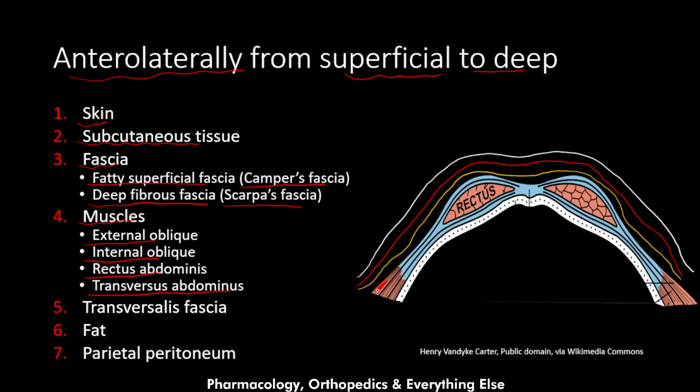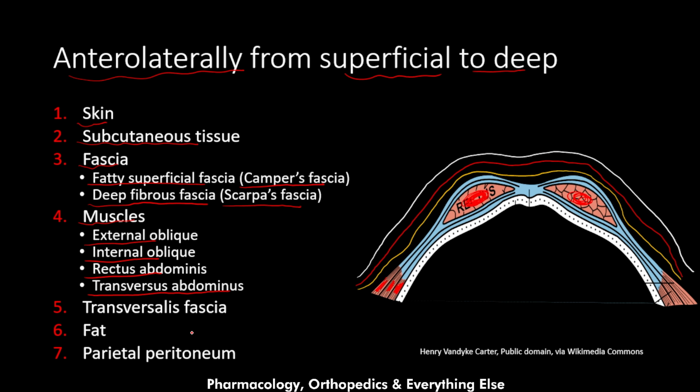After the external oblique, we have the internal oblique, which is the one in the middle. And then the third one is the rectus abdominis, which is only available in the anterior of the abdomen. So this is the rectus abdominis on both sides. And the transversus abdominis is the deepest muscle of them, which is right here.